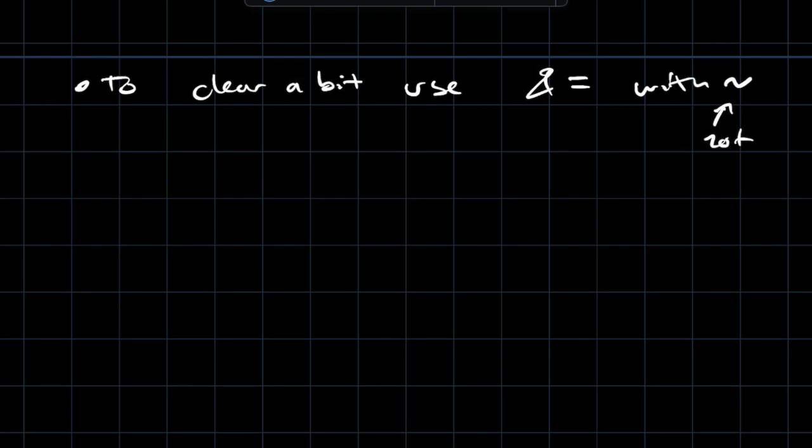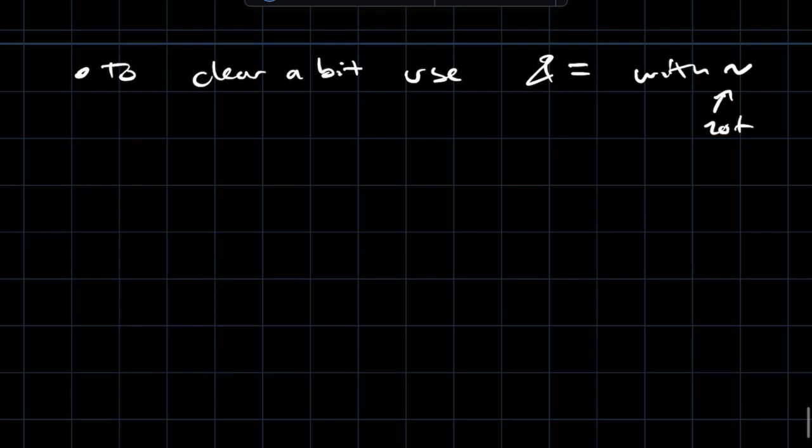So essentially, if we make a bit mask, which would be 1 in exactly one location and 0 everywhere else, if I take the bitwise NOT of that, it's going to make it 1 everywhere except for the particular bit of interest, which would be 0.